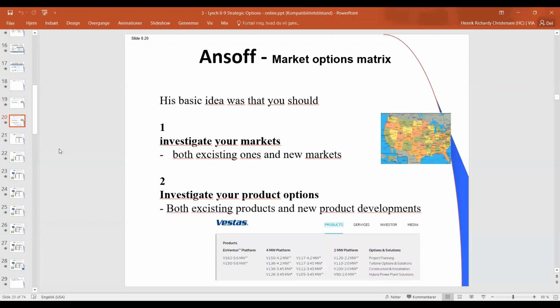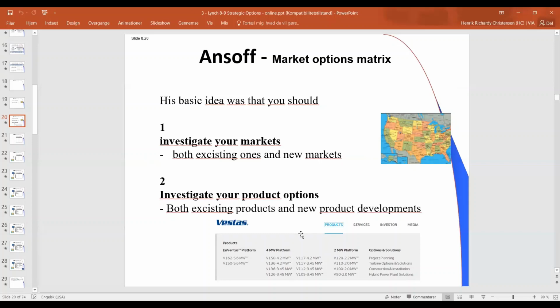Then he suggests that we have to look into our products as well. So these are his two major inputs to developing strategies: markets, existing ones and new markets, and the products that we are producing right now, both existing products and new product development.